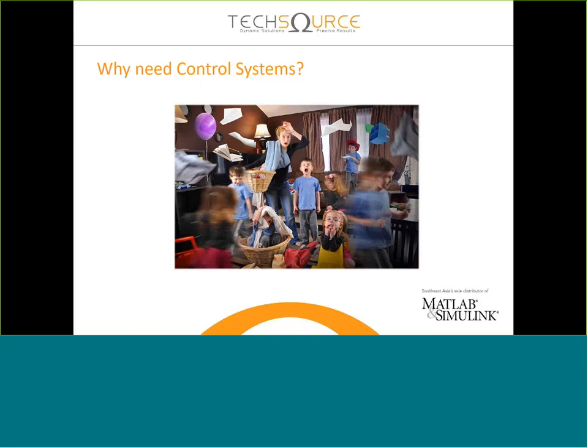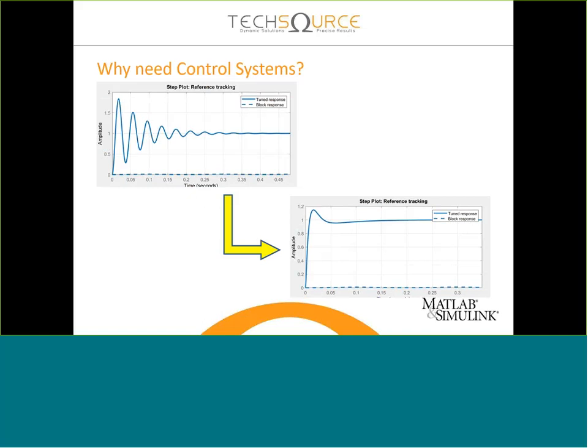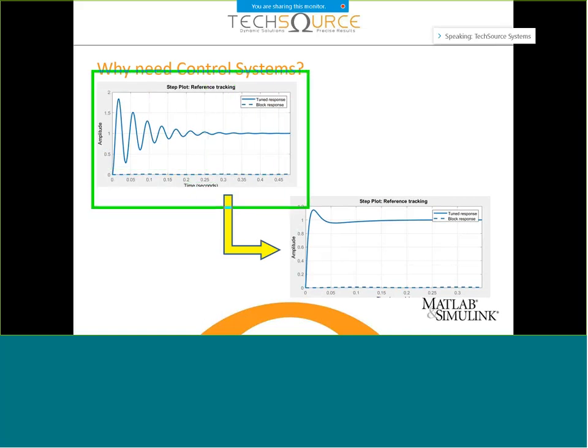So similar to this analogy, why we need a control system is we want the plants, which is our kid in this analogy, to follow what we want them to do. So similarly, if you have a machine, right, without a control system, it will just, example, let's say a robotic arm, right?